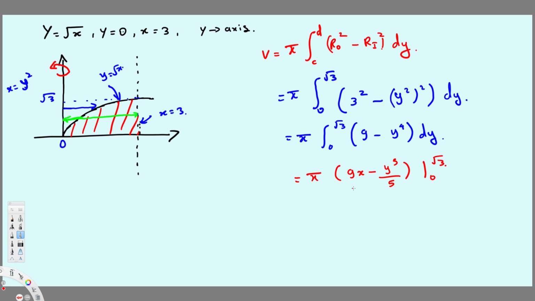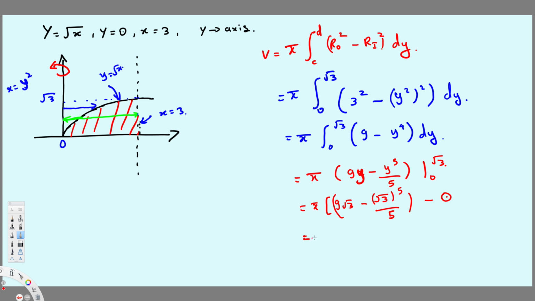Let's plug in root 3 first: pi times 9 root 3 minus root 3 to the power 5 over 5. And if you plug in 0, this is 9y, not x, so everything is going to be 0, because 0 to the power 5 is 0.